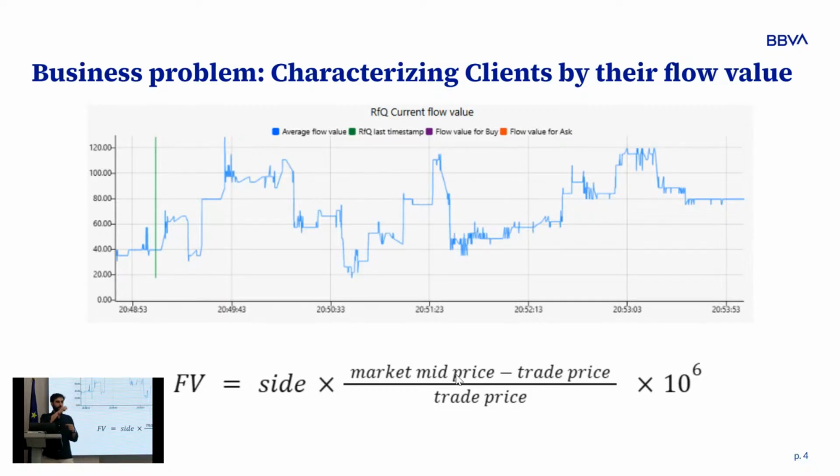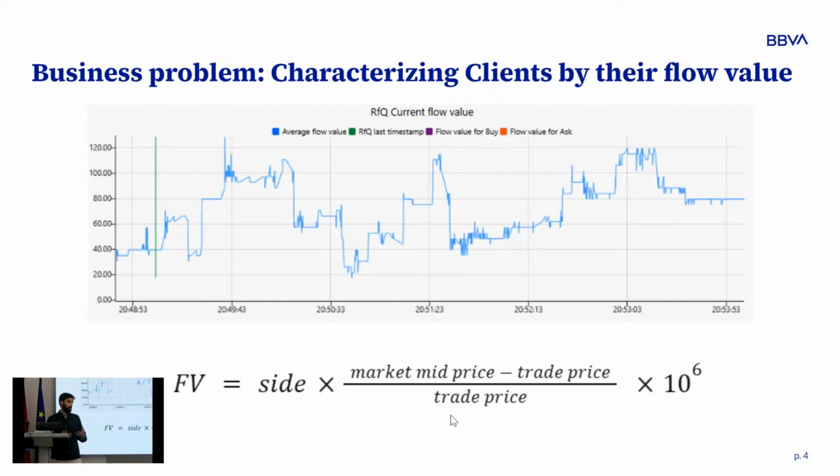This is what we call flow value. We accumulate this data for different trades for different clients. So in general, what we get is how good the flow value of a specific client is.